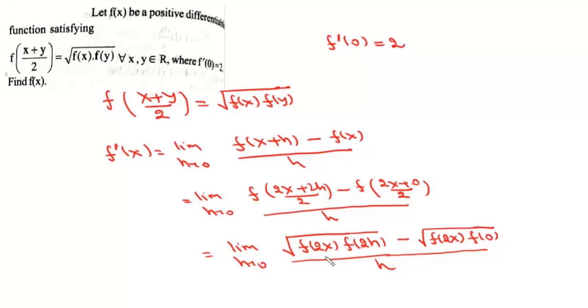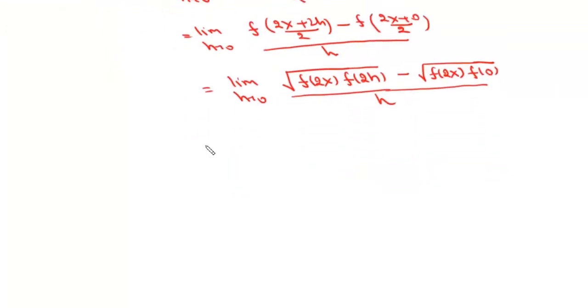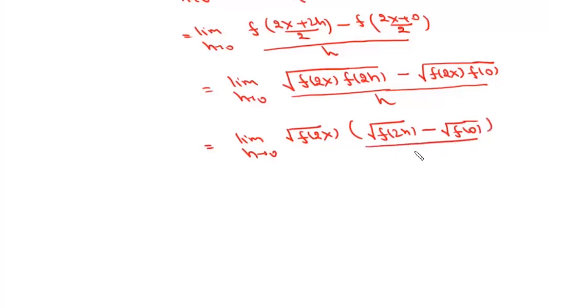Now what we can do is take under root f2x common. Then we can write this limit h tends to 0 of under root f2x, and here it will be under root of f2h minus under root of f0, whole divided by h.